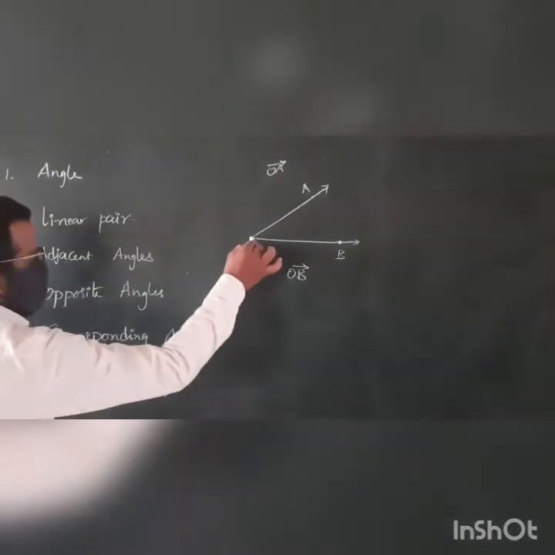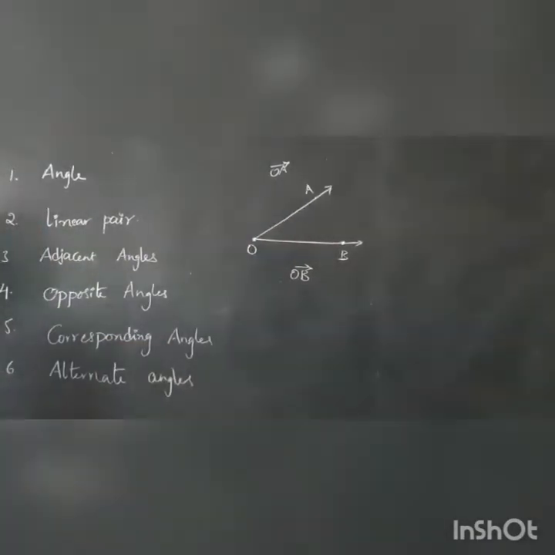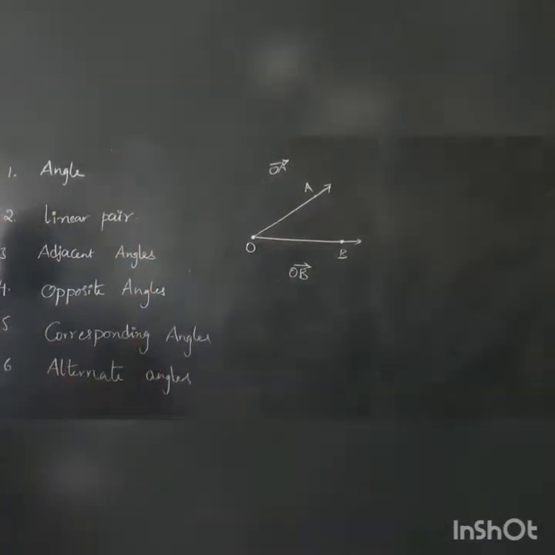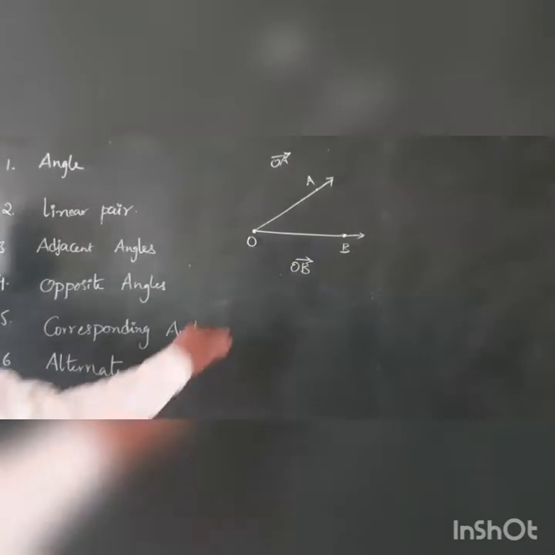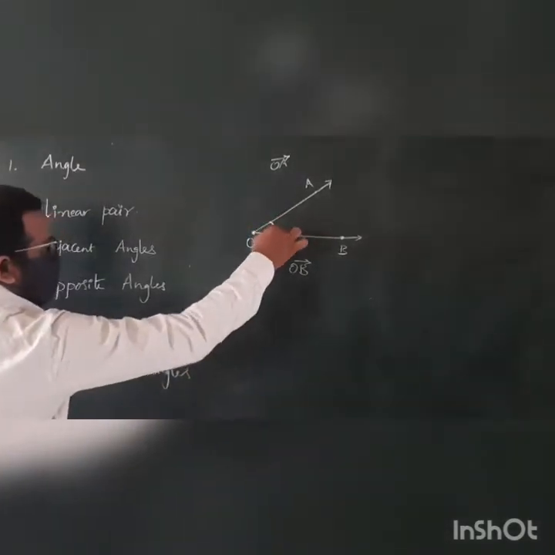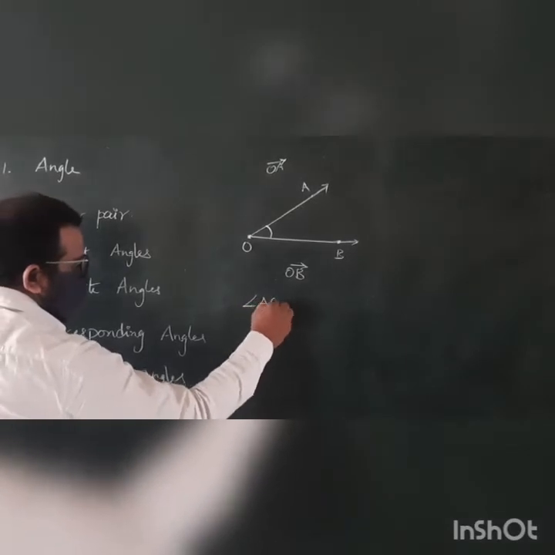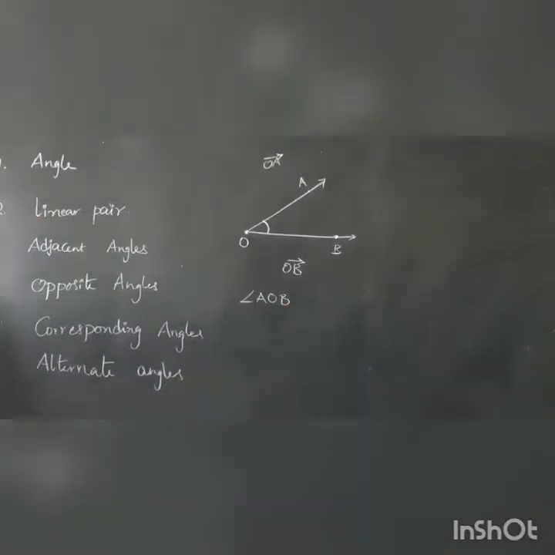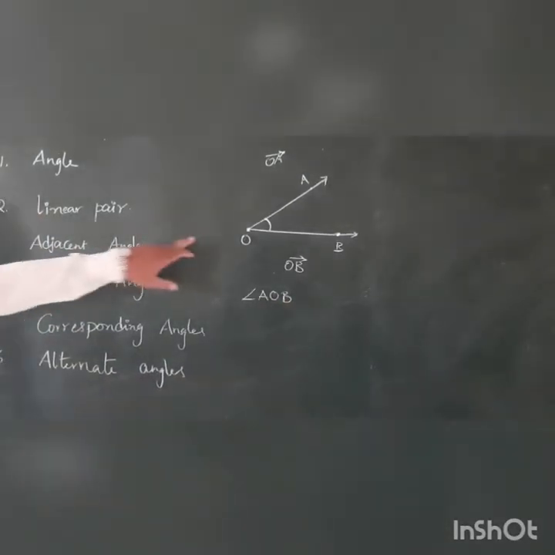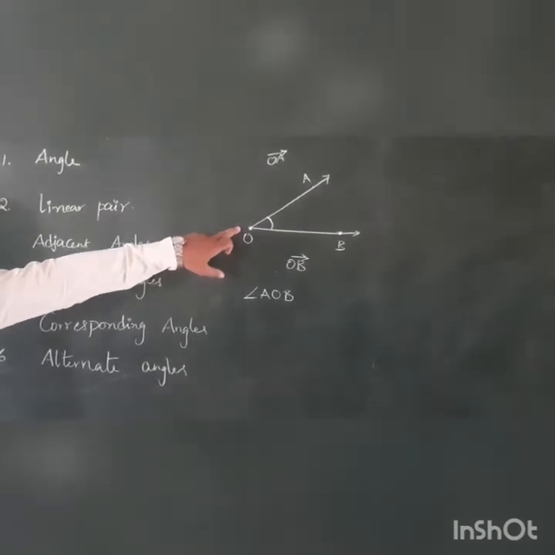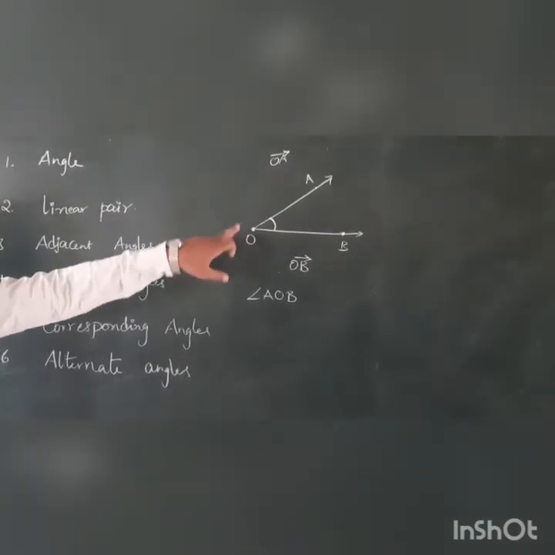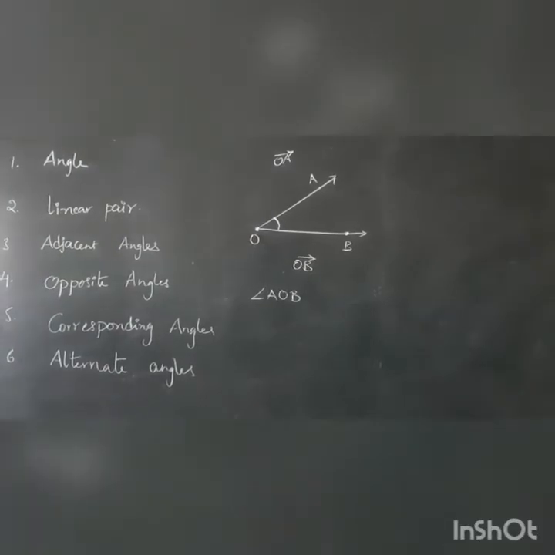Vertex. What is the vertex here? O is the vertex. This is common for both the rays. So here we can see this is an angle. We represent this angle as angle AOB. Both the rays start from a common point, the common point is O. So we say that AOB is an angle.